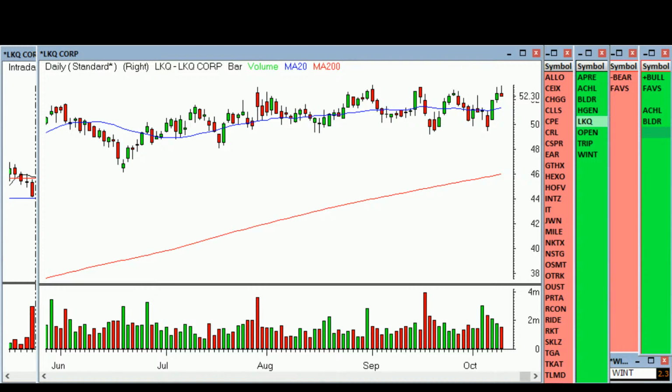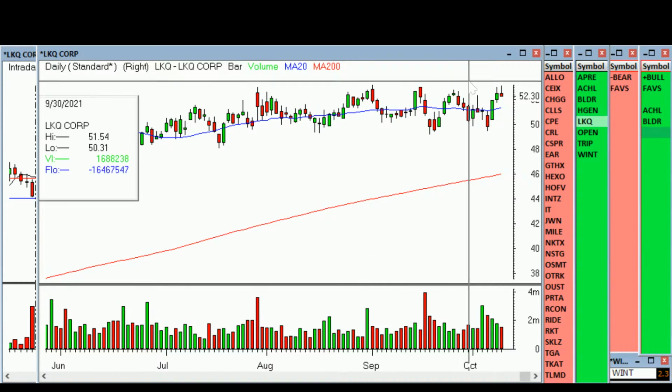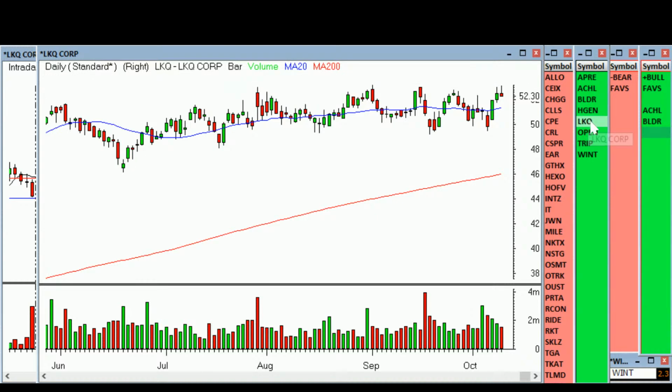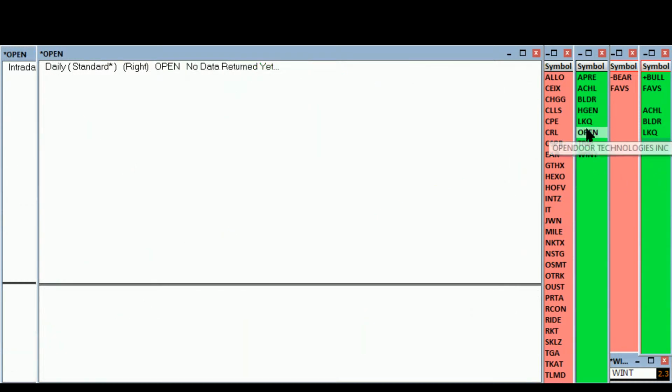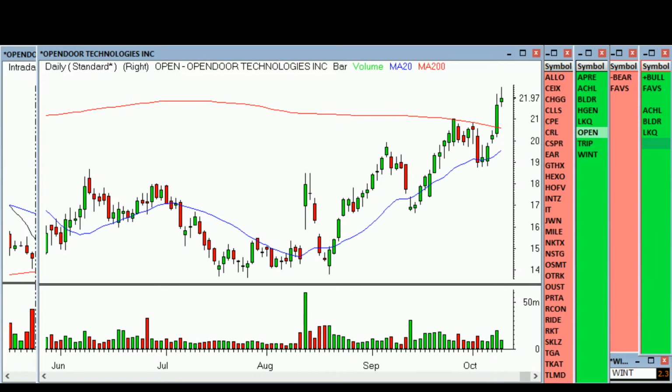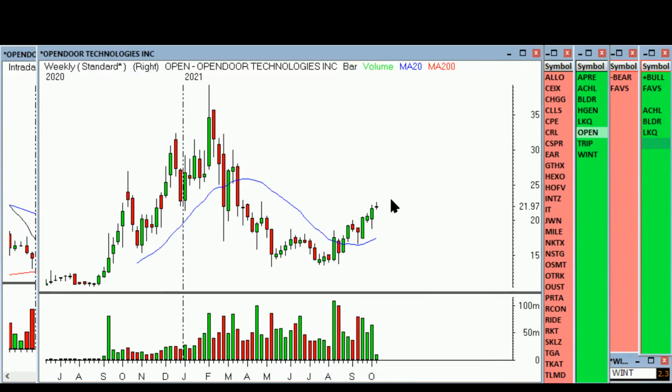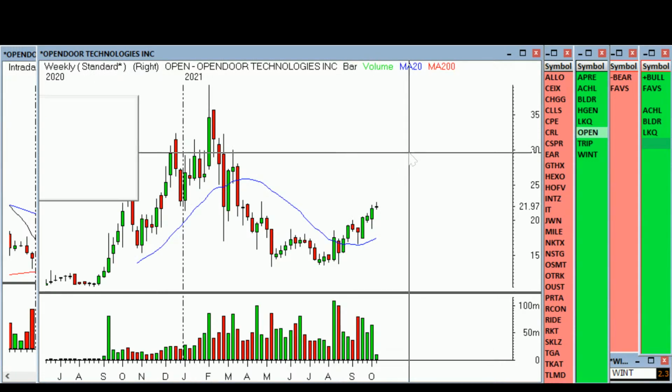It still looks good, to tell you the truth. Not sure whether the call will stay valid for tomorrow or not. Probably not, but we'll see. Open is a 1, 2, 3, pretty bullish. Weekly looks good too. You look at the weekly chart, it looks higher to like $30.